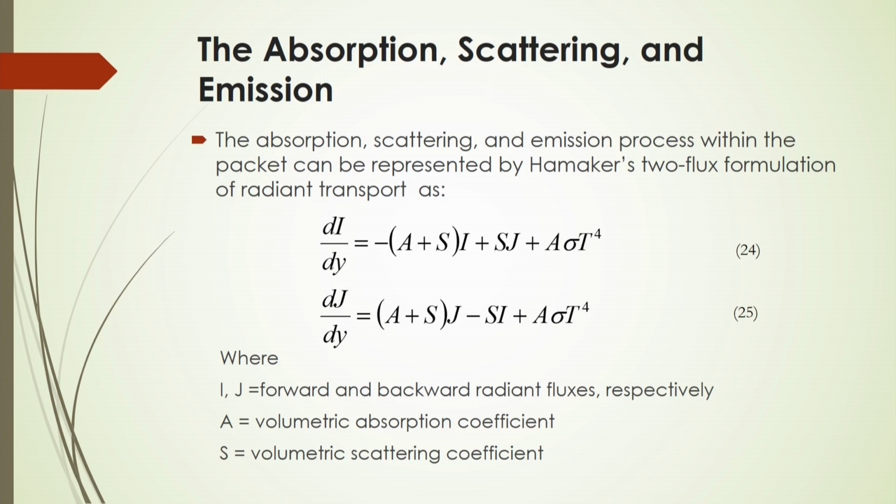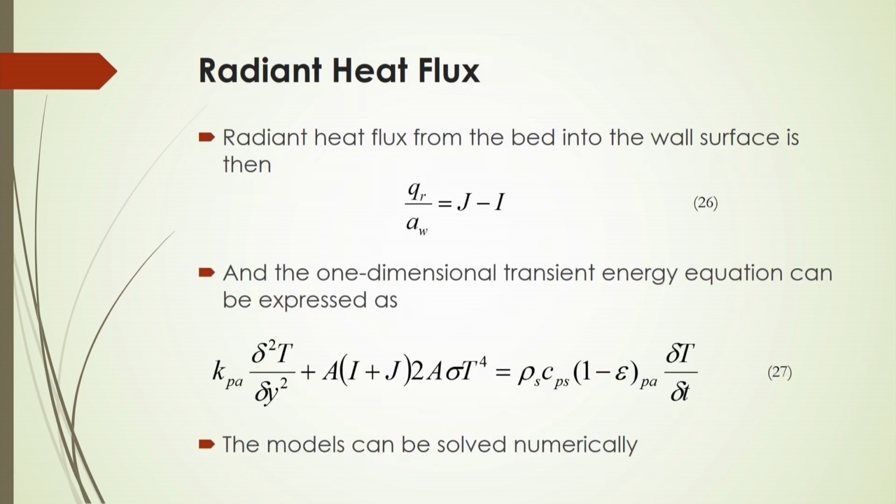These are denoted by I and J, whereas in these equations A and S are the volumetric absorption coefficient and volumetric scattering coefficient respectively. The radiant heat flux from the bed into the wall surface is then calculated by equation 26, once you know the forward and backward radiant fluxes.